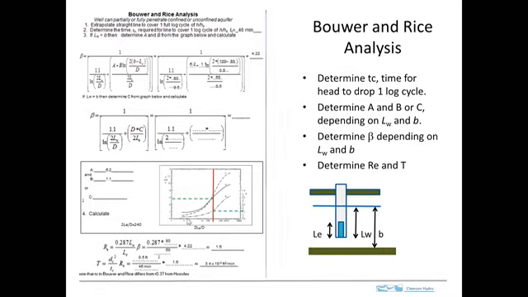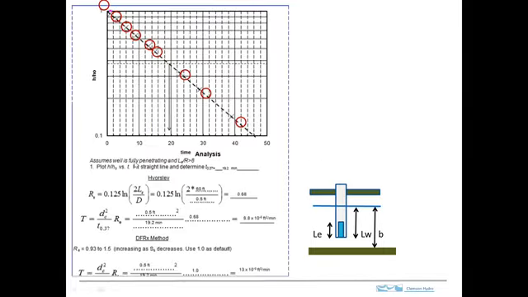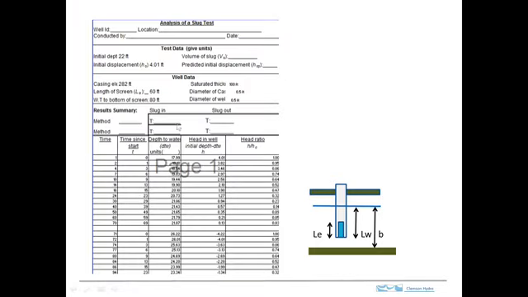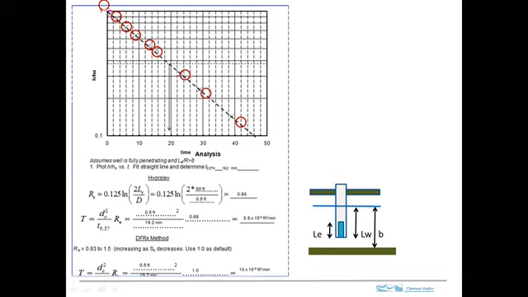Then what I would recommend doing is take this value and this value and this value and write them out here, so you've got them all summarized on this page. Now what you can do, remember we've got 2 tests here, one for slug in and one for slug out.